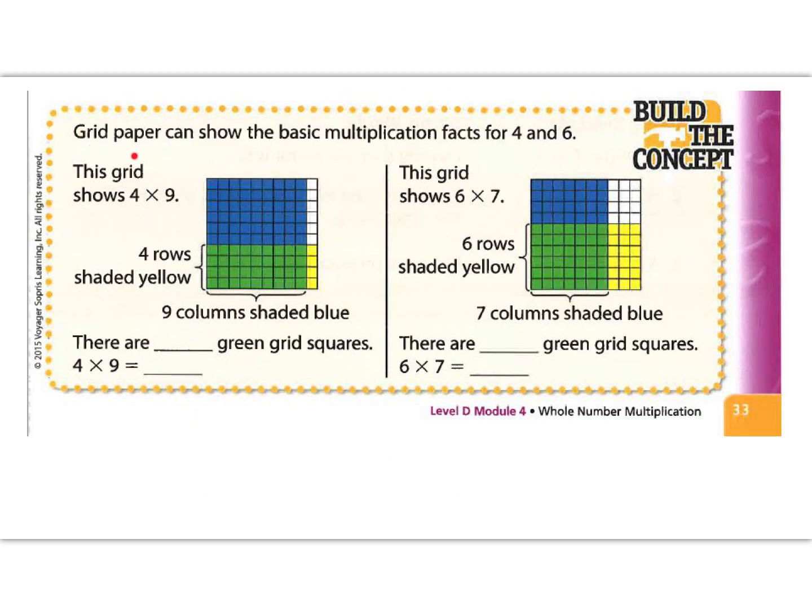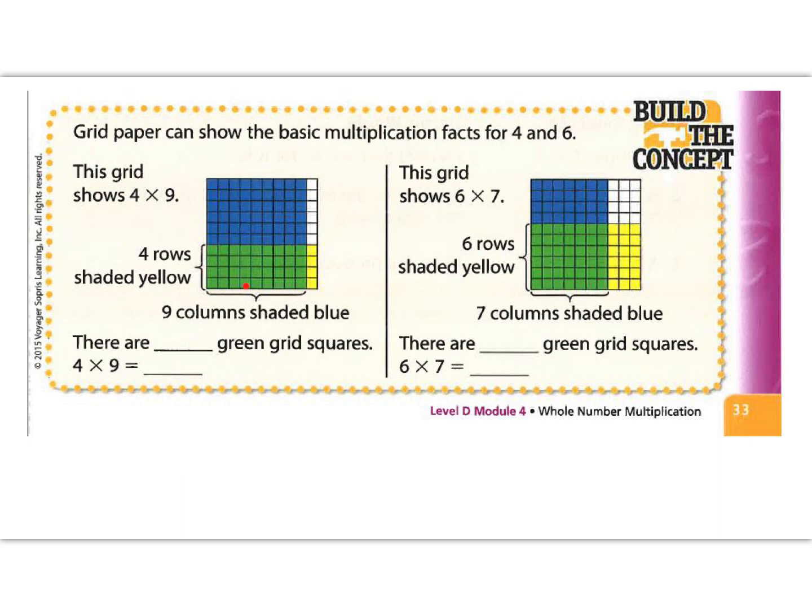All right, this says grid paper can show the basic multiplication facts for 4 and 6. This grid shows 4 times 9. So here we have 4 rows. Remember, rows go across, so they were shaded yellow. And the 9 columns were shaded blue.